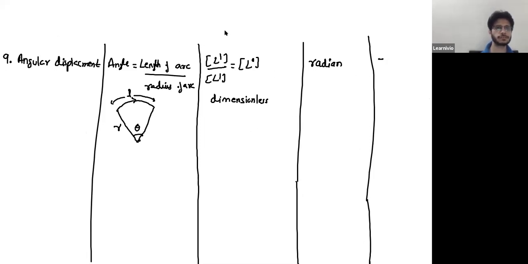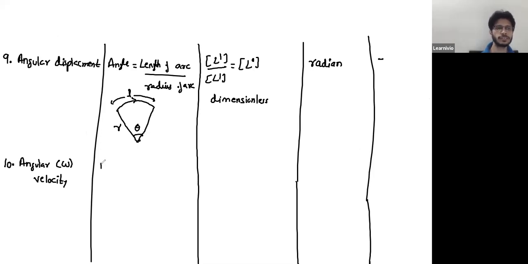The next, the 10th quantity, is angular velocity. We represent angular velocity by omega.